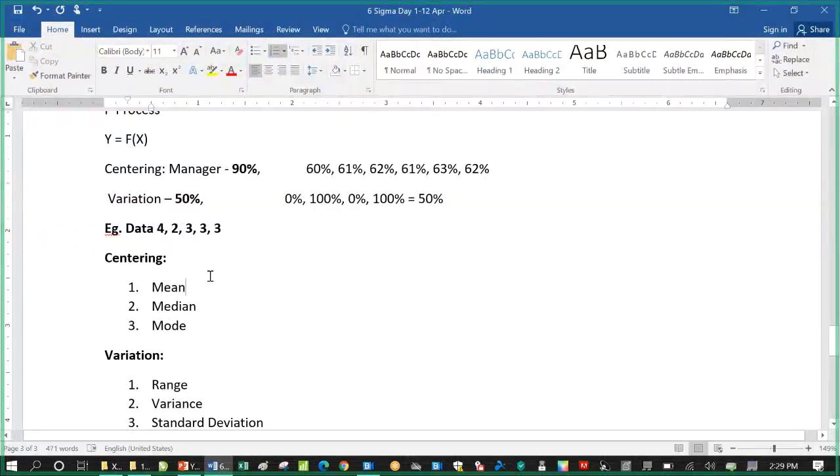I'll tell you how to do the manual calculation, which you can do parallelly, and then I'll tell you how to do it in Excel. First, to measure centering, we can use mean, median, or mode. What is mean? Mean is the arithmetic average of all data points.